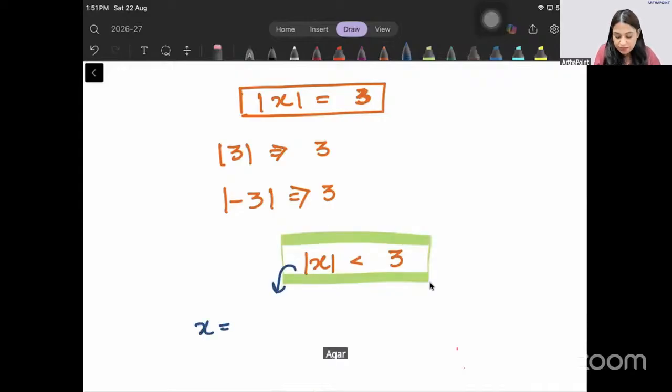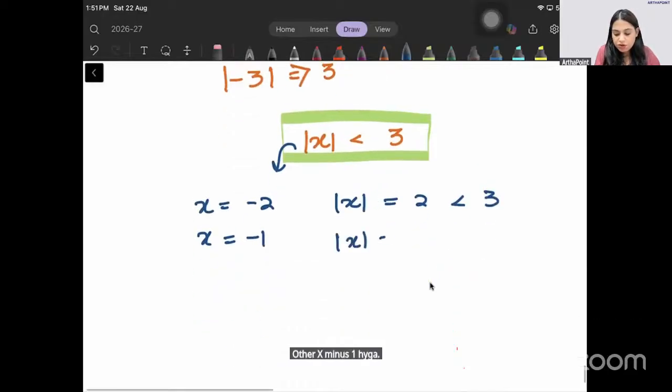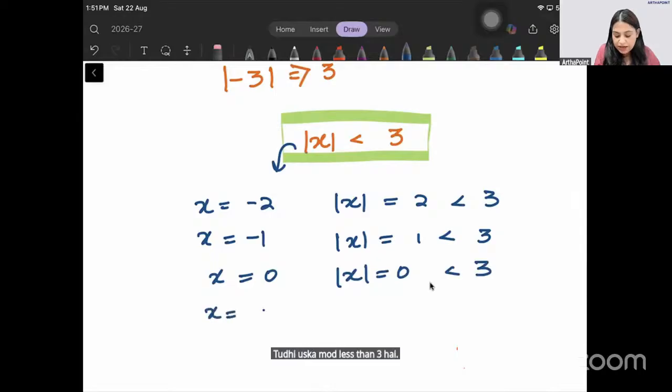If x is -2, its mod is still less than 3. If x is -1, its mod is less than 3. If x is 0, its mod is less than 3. If x is 1, its mod is less than 3. If x is 2, its mod is less than 3.